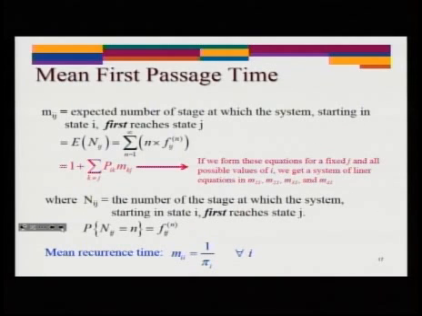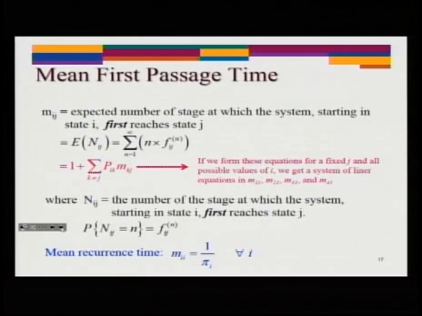And I mentioned in this case, the first passage time is called the recurrence time for the initial state i, right? And it can be obtained by taking the reciprocal of the steady state probability, pi i, okay? So that's what we talked about last time.